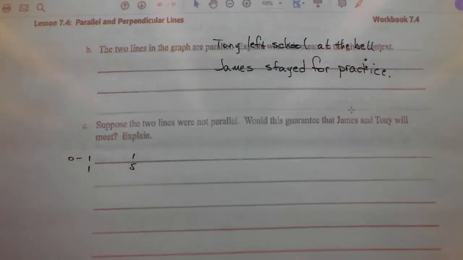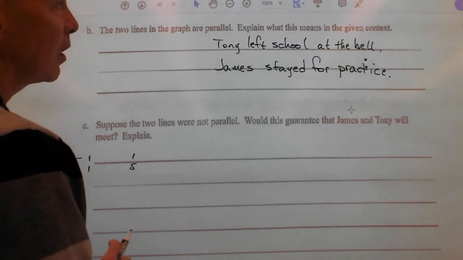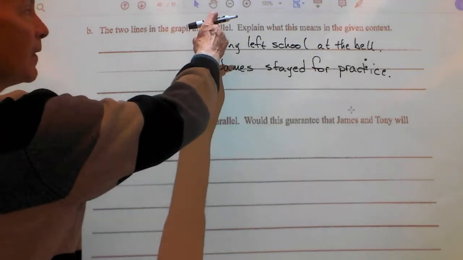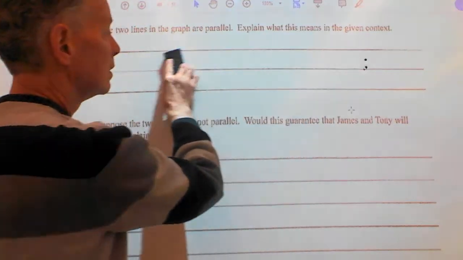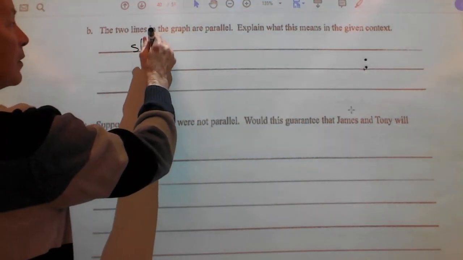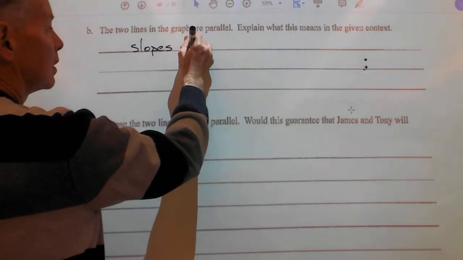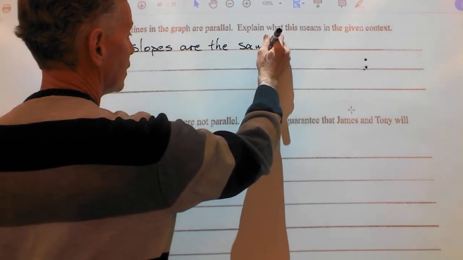The two lines on the graph are parallel. Explain what this means in the given context. Well, if they're parallel, that means the slopes are the same, right?